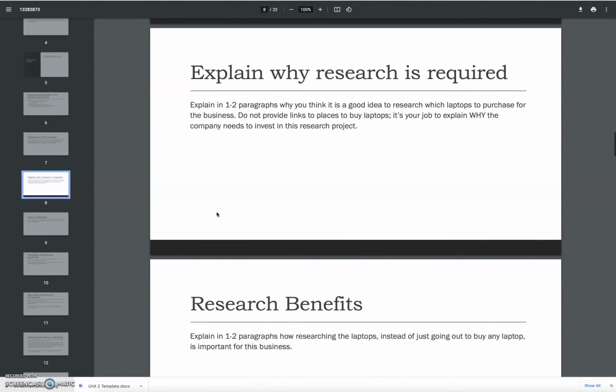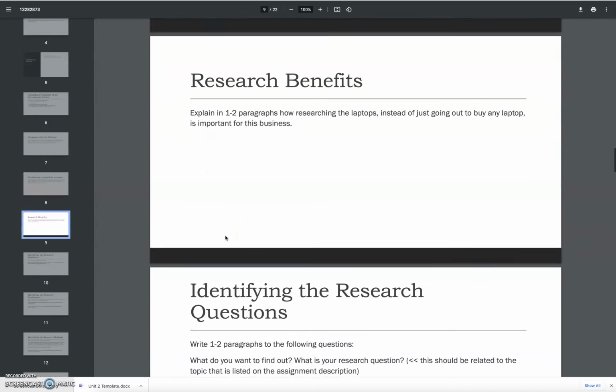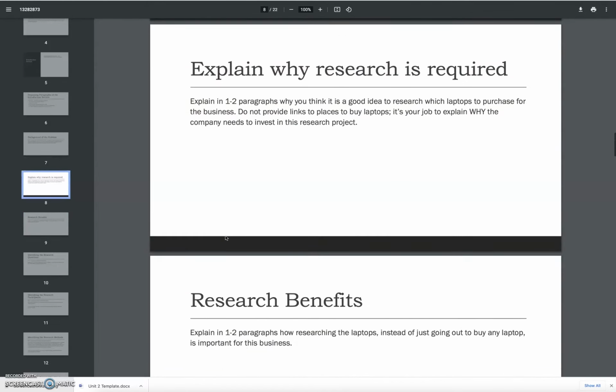Okay, so explaining why research is required. We explain in 1 or 2 paragraphs why you need to research the laptops instead of just going out to buy them. This is very common sense. Typically, you don't just go buy a new car or a laptop.